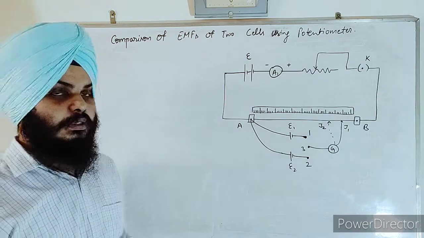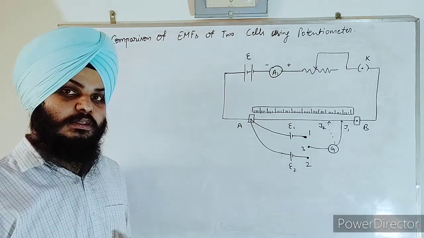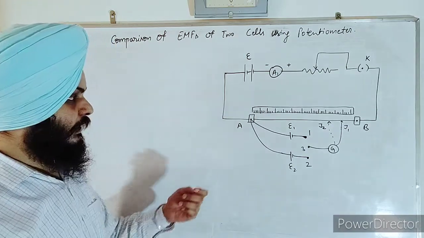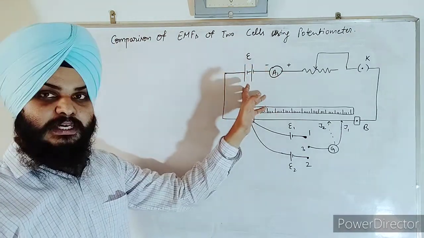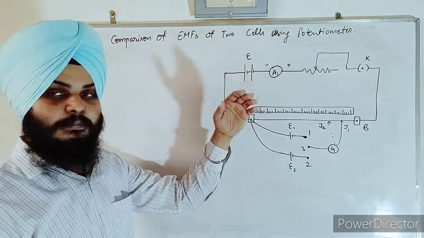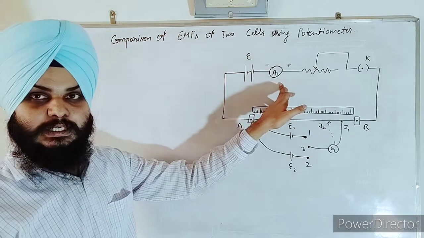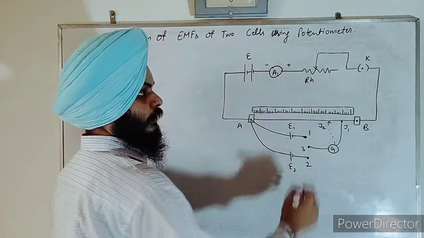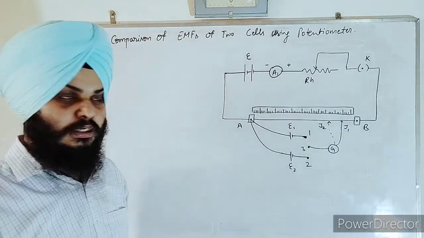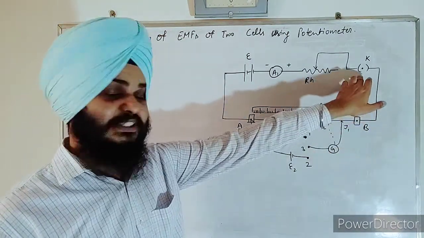Now first of all, by the construction of the potentiometer, we can see that there is this circuit containing a battery of say EMF or terminal potential difference E. This is the ammeter and this is your rheostat. And there is some key K which is closed.